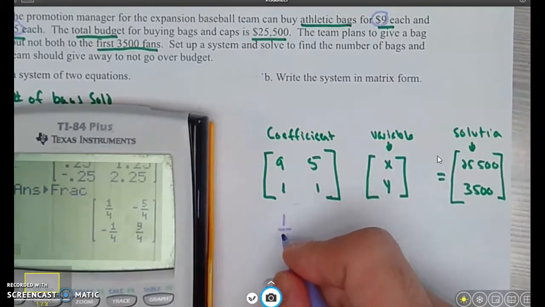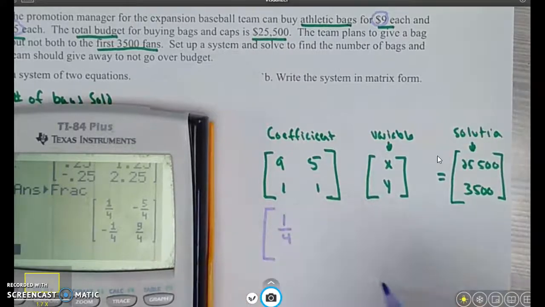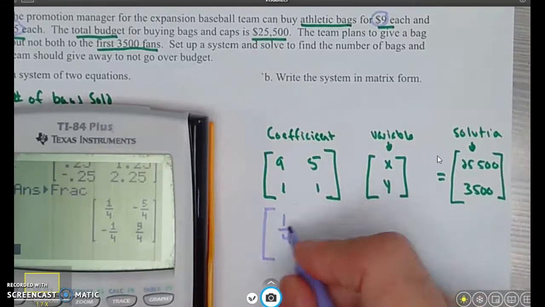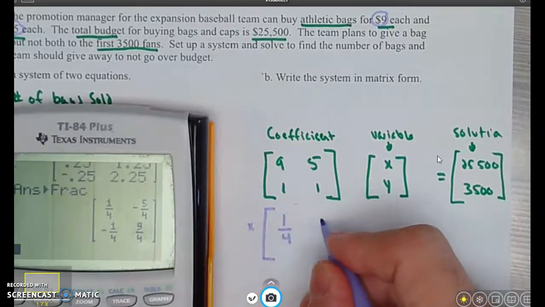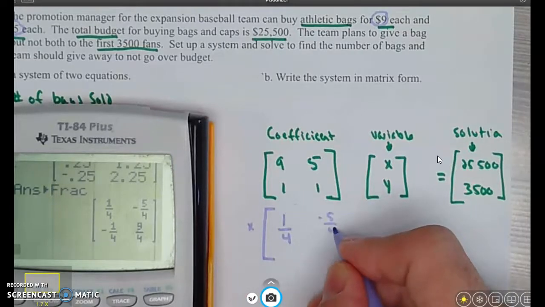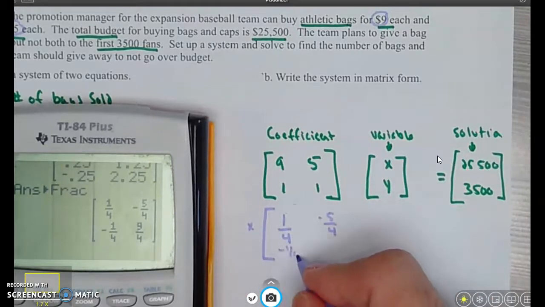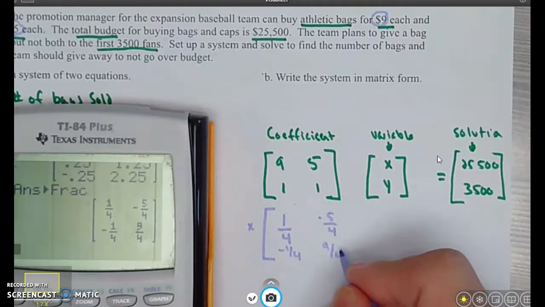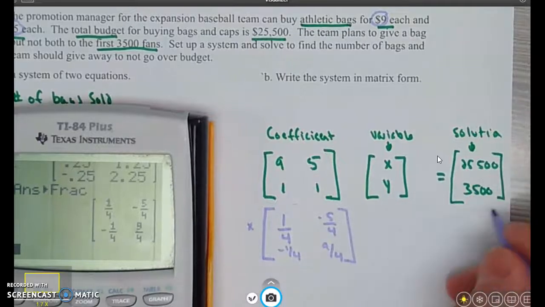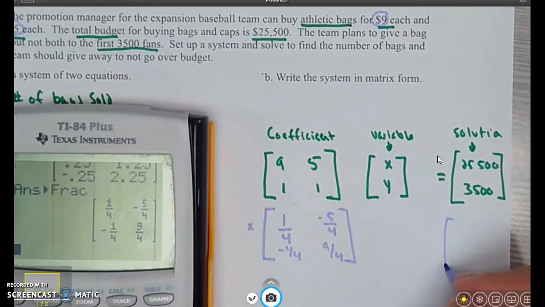So what I'm doing is I'm taking both sides, and I'm going to be multiplying by 1/4, -5/4, -1/4, 9/4. And I'm going to do the same thing to this one.